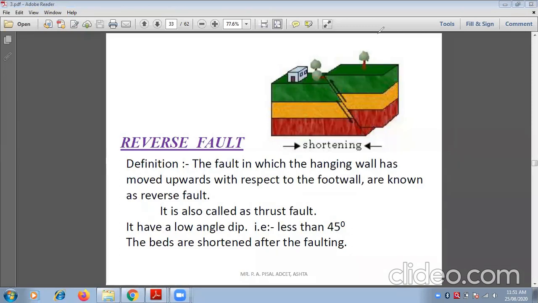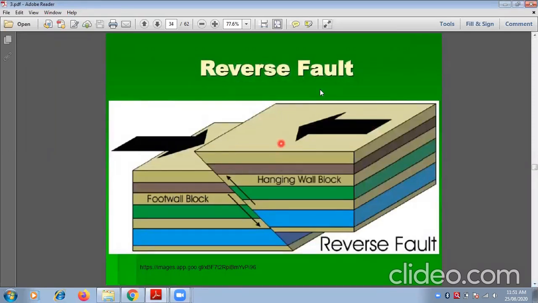Now which characters will we discuss here? When you look at this diagram, you can clearly identify it. I will show you another diagram of this reverse fault, so this is the best diagram for the observation. Here this is the fault plane.